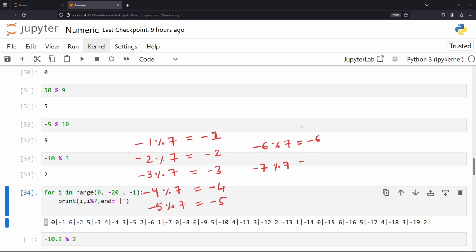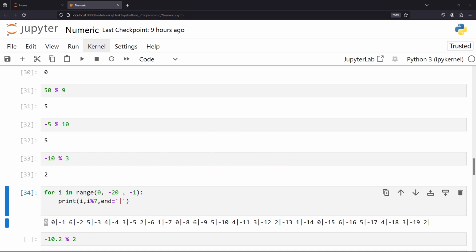For that, we accept that these values should be positive, so every time 7 will be added to all of these. On adding 7 to all of these values, we will get values like 6, 5, 4, 3, 2, 1 and then 0. And then again it will start with 6. I hope you understood how you are getting these values 6, 5, 4, 3, 2, 1. Okay, let's continue to the next part.